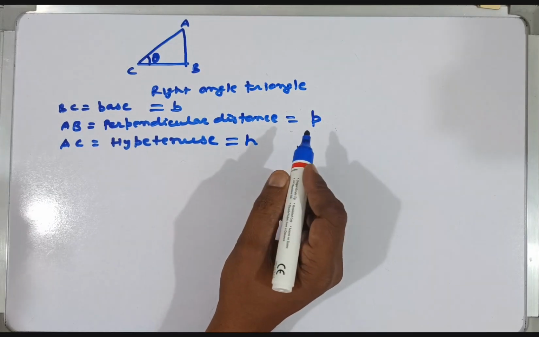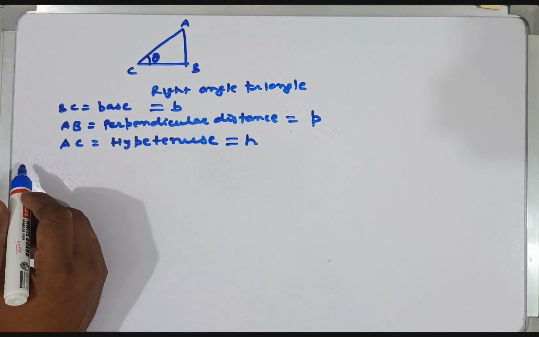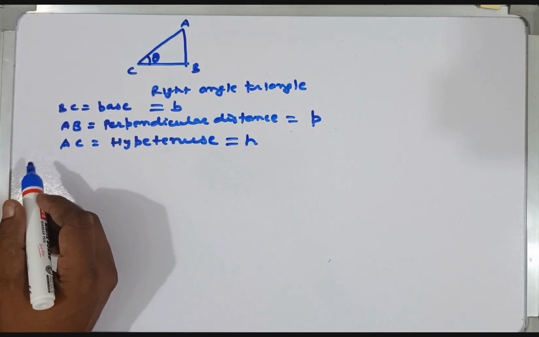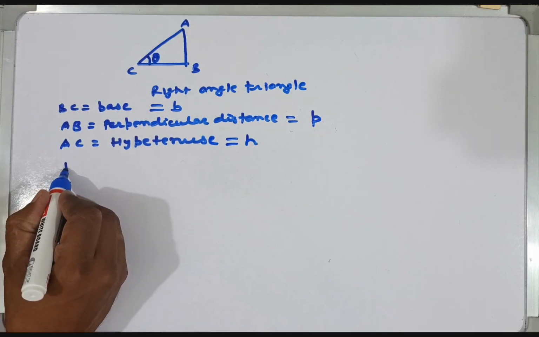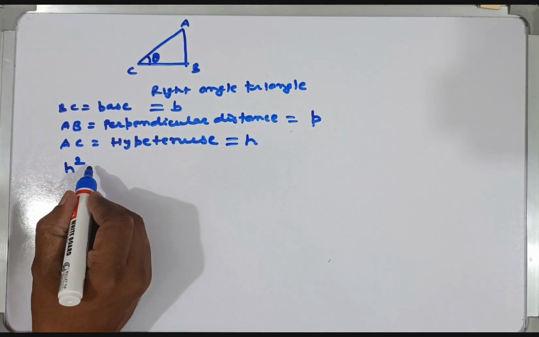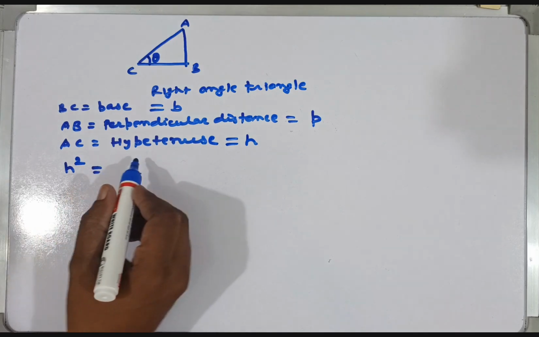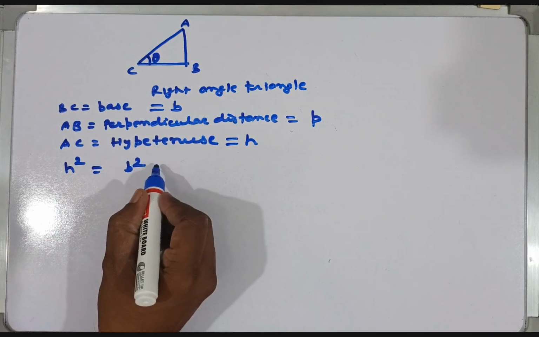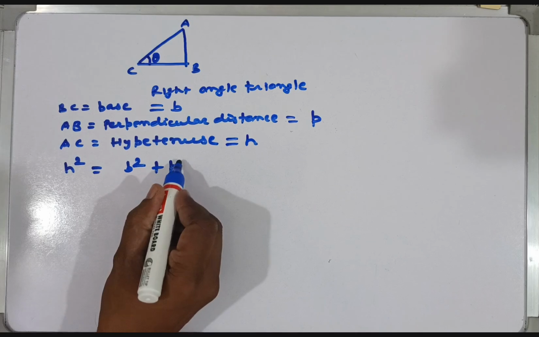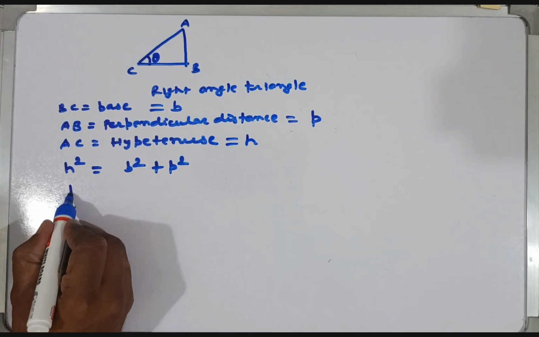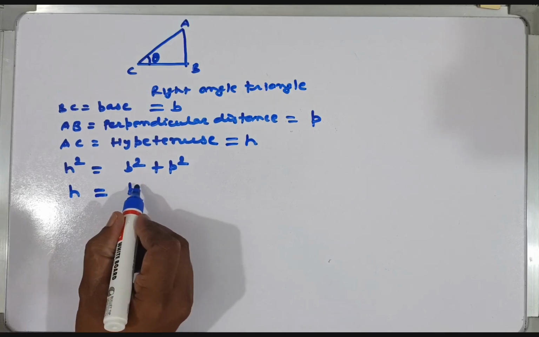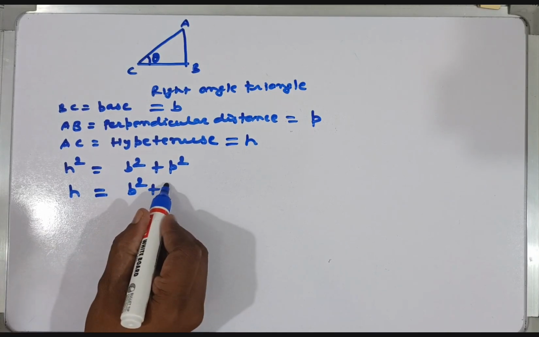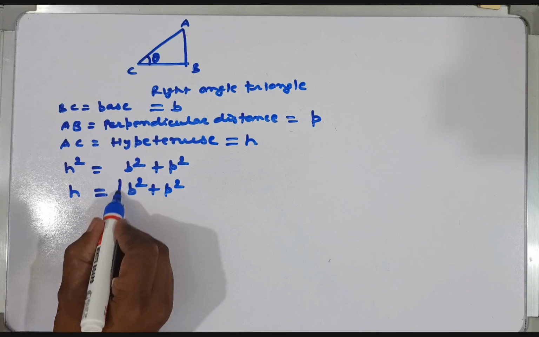H. So what will be the relation of these three sides? Here H square equals B square plus P square, or if you want the value of H, then H equals under root B square plus P square.